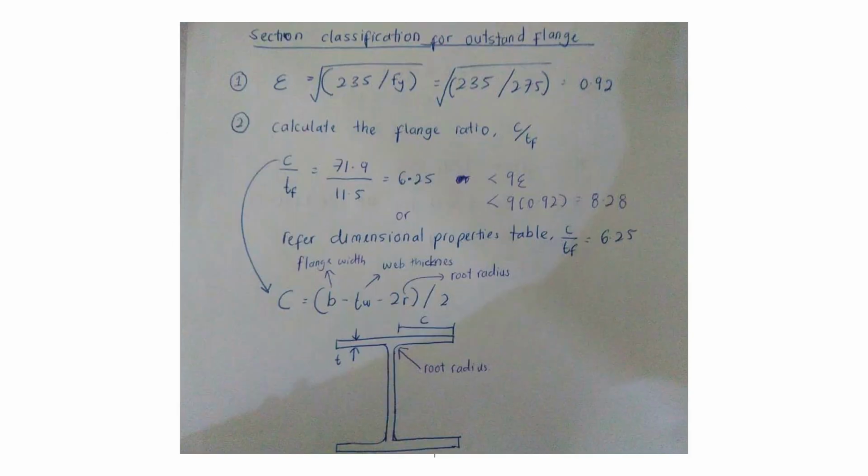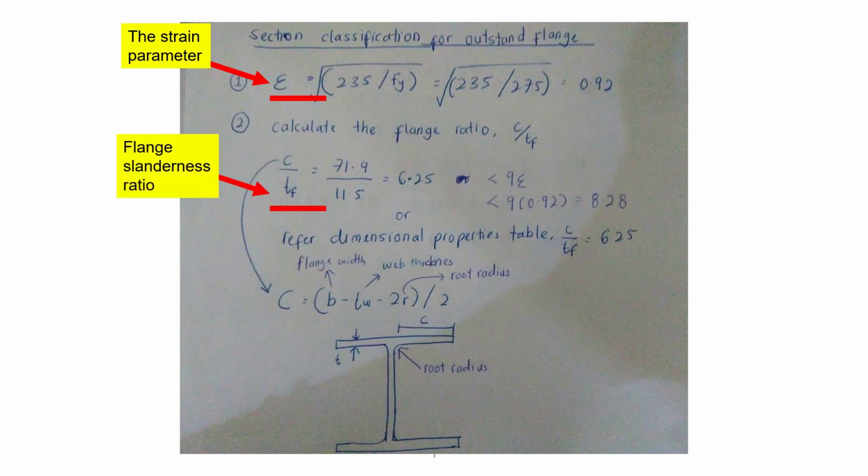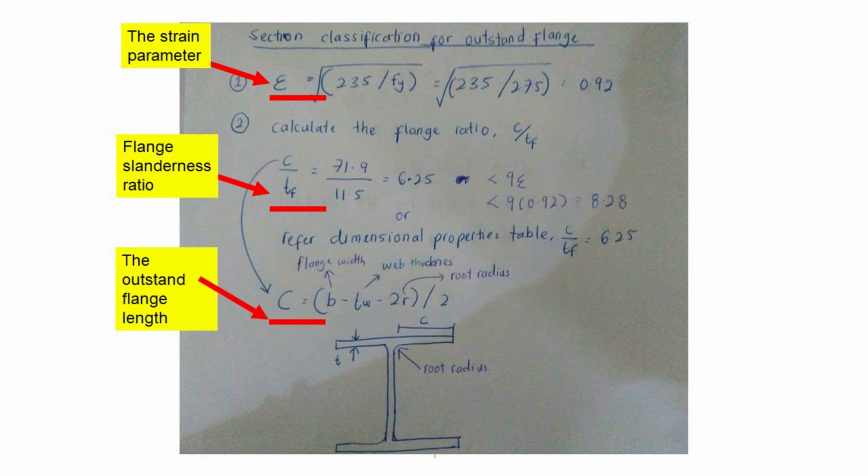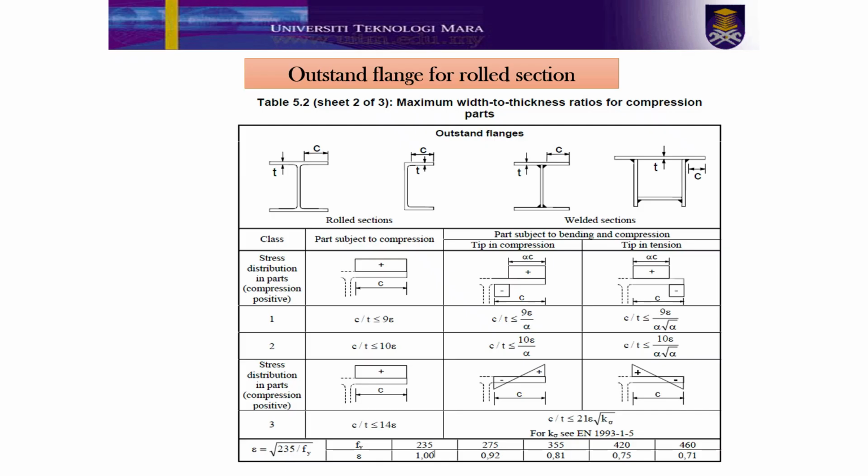To classify the flange section, first, you need to evaluate the strain parameter by calculating as shown here. The value of fy is calculated in the previous step. Next, you need to calculate the flange slenderness ratio. The outstand flange length, c, can be calculated using the shown formula. Table 5.2 shows the limit of each class section.